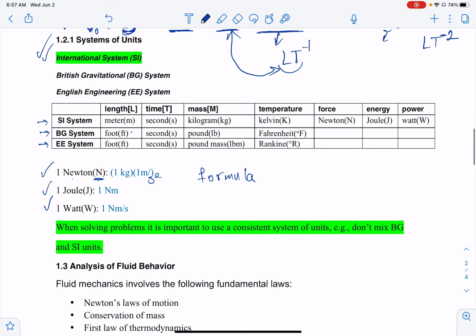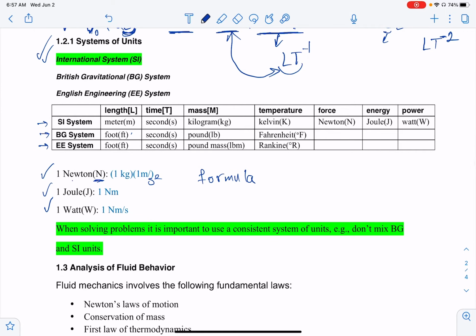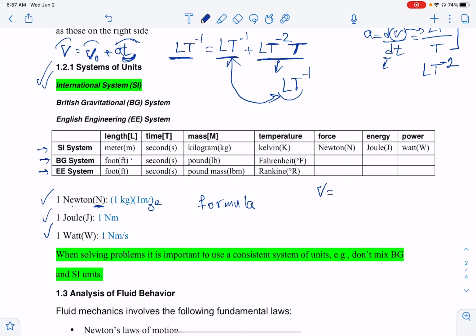The other important thing in system of units is that you cannot mix one system with the other at the same time. For example, let's talk about length. I have a length of, let's say, 2 meter, and another length of 3 foot.